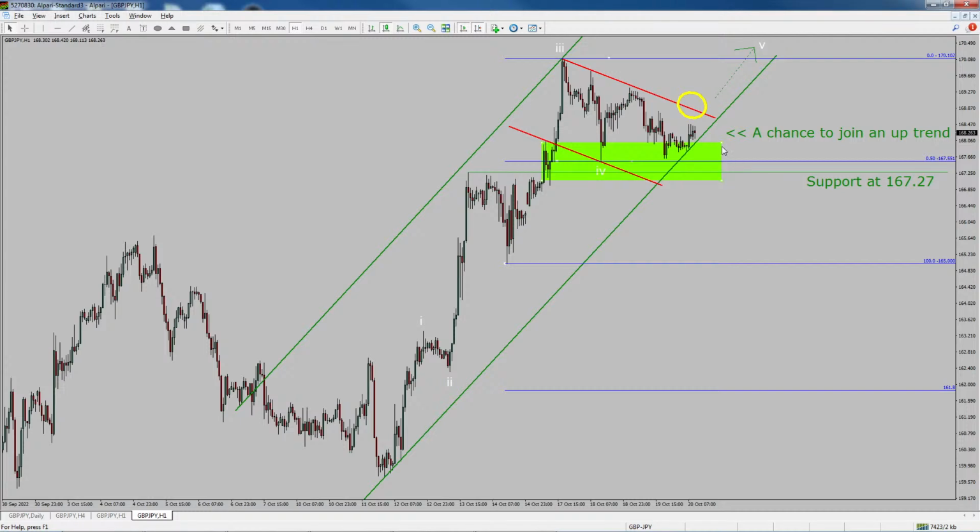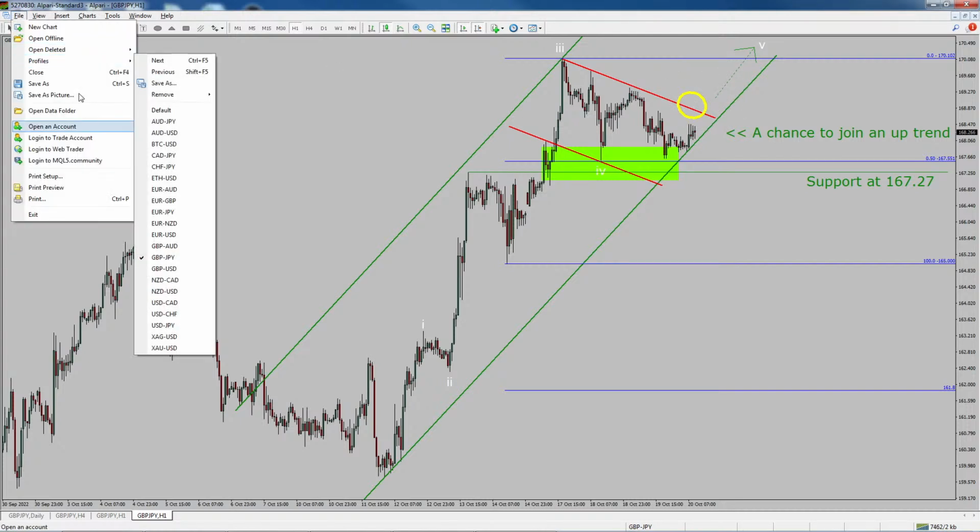So probably this is 1 2 3 4 5, 1 2 3 4 and 5. Okay, so there's your chance. If you are interested to go long, there's your chance right there.